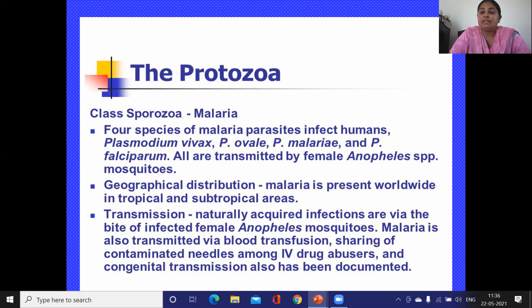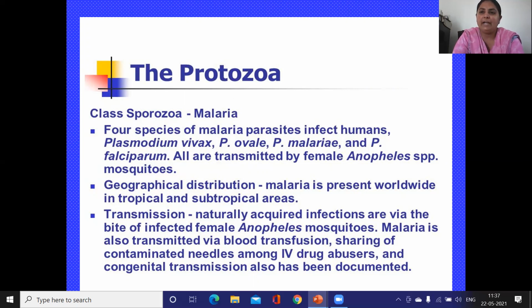Regarding the geographical distribution of the disease malaria, malaria is present worldwide in tropical and subtropical areas. Regarding the transmission of the disease, generally this disease is transmitted when the Anopheles mosquito picks up blood that contains the infectious stage, sporozoites of the Plasmodium, and injects it into a healthy person.